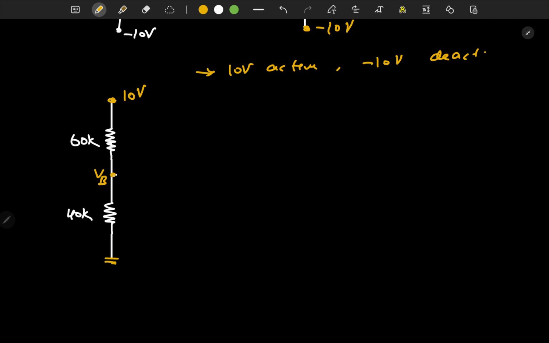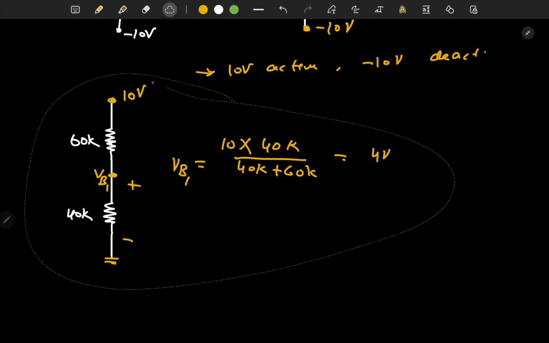Then we can find VB by applying voltage division. VB will be 10 volt into 40k divided by 40k plus 60k. By solving, we will get 4 volt. Let's call it VB1.